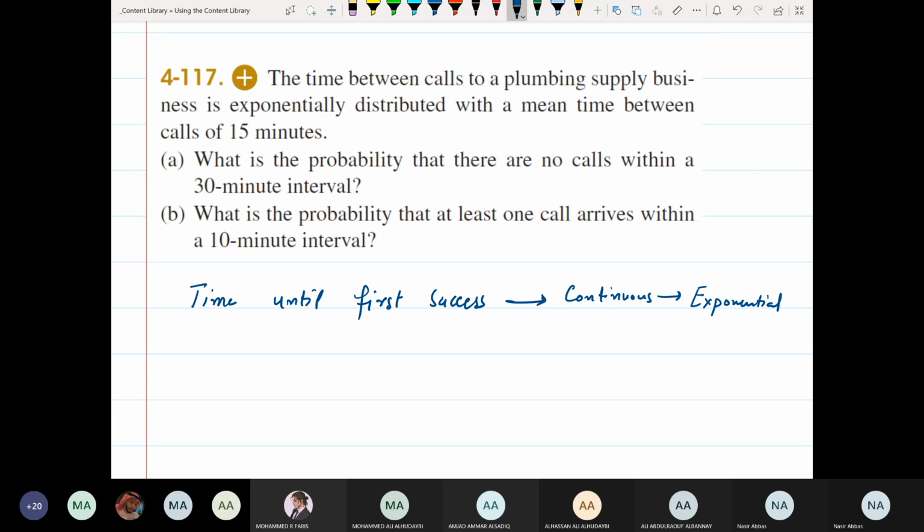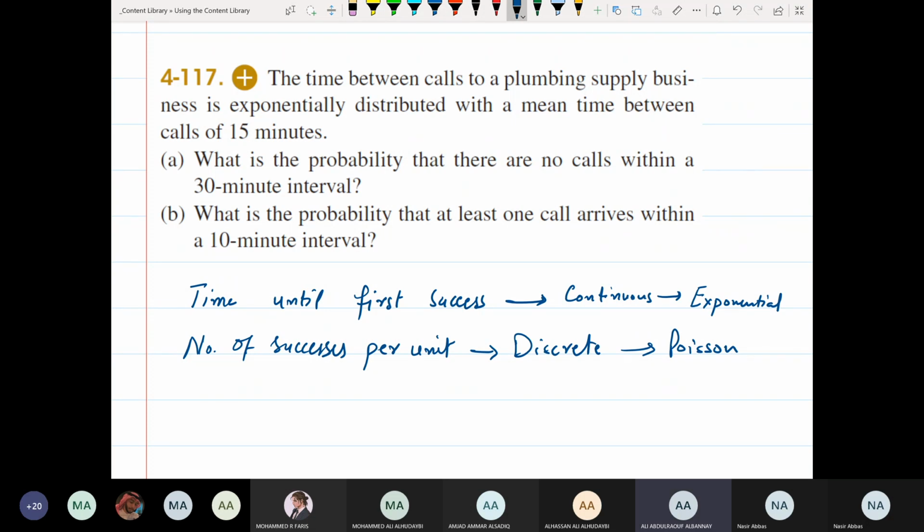And is number of calls discrete or continuous? In the previous chapter, we studied that number of something is always discrete. I think it is discrete because you can have 0 calls.